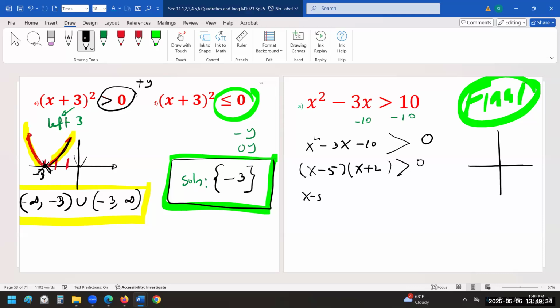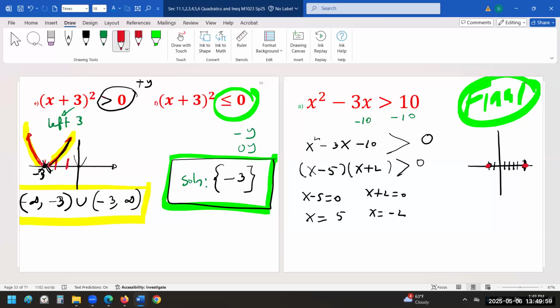In other words, x minus 5 equals 0 and x plus 2 equals 0. That gives us x equals 5 and x equals negative 2. So we have negative 2 and 1, 2, 3, 4, 5 here. So we found our x-intercepts where we are crossing.